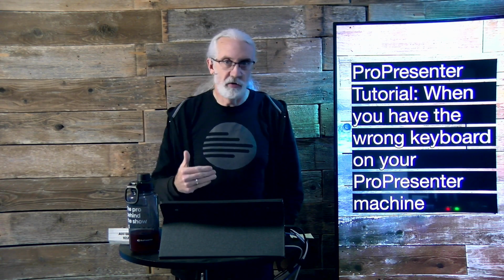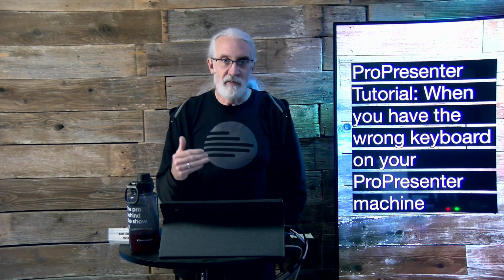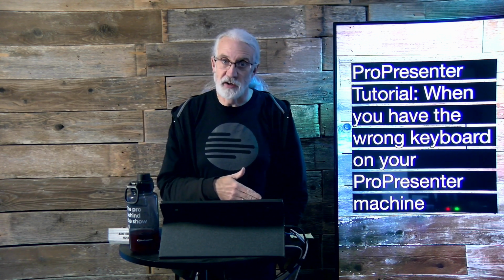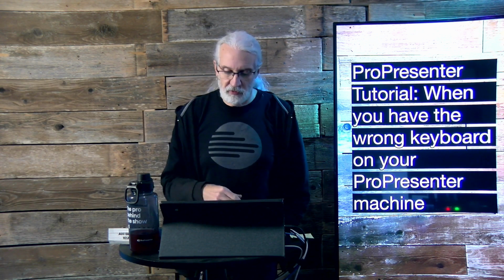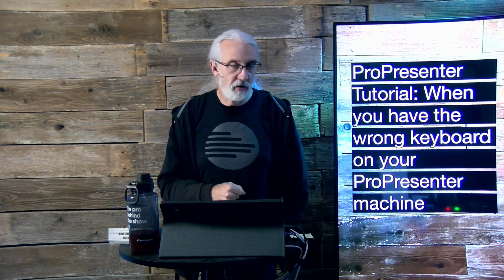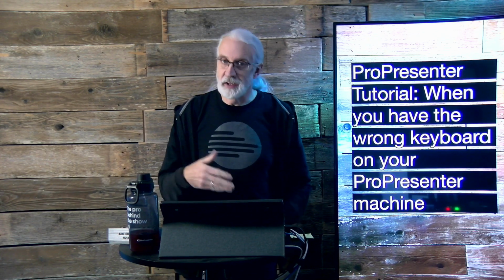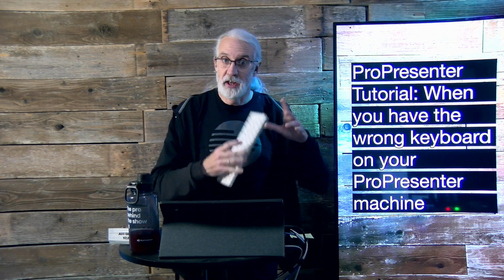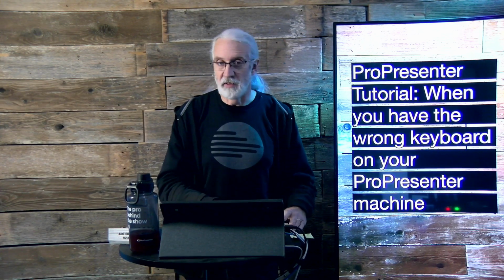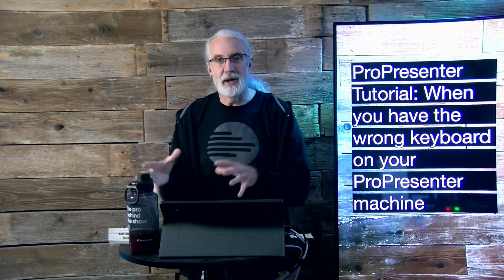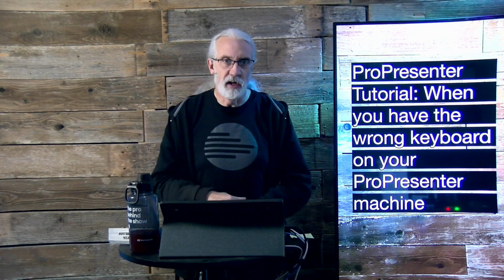So anytime you're doing a keyboard shortcut, if you would do Alt, you do Option instead. So that's pretty straightforward. The Windows key would be Command on this, and it would do the stuff that the Windows key would, but that wouldn't be within ProPresenter itself. That would be in Windows.